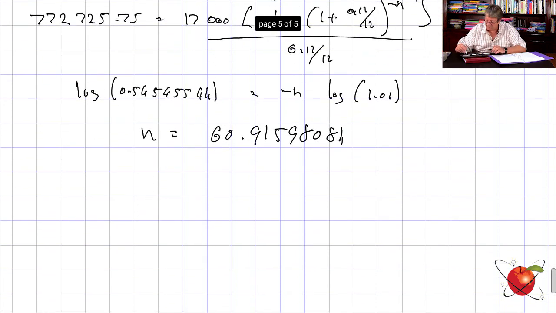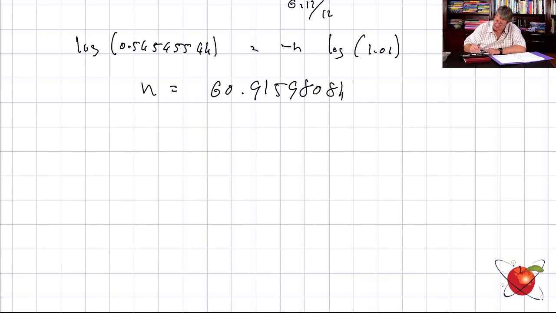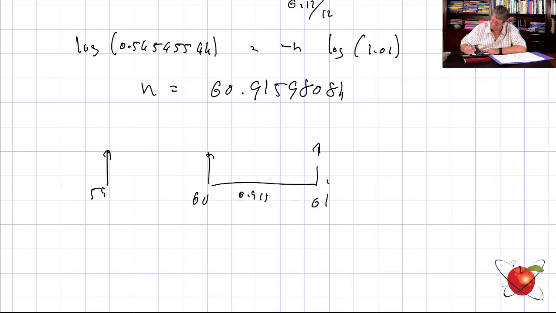Let's go back and we say, okay, how do we interpret it? It means that I've got payment 59, payment 60, and there was 61. My actual payment is at 0.915988084 of the month, and that is my payment of 17,000.